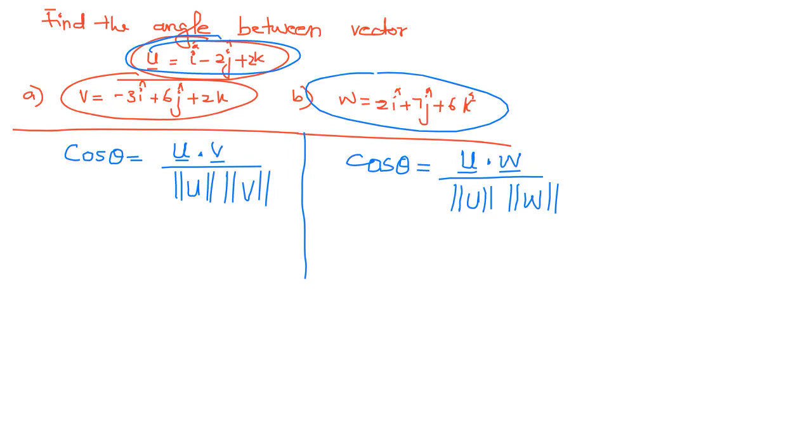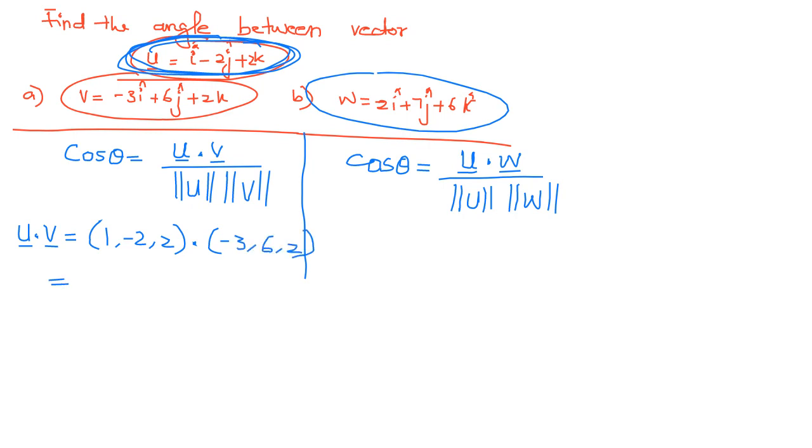Dot product is very easy. How can you find the dot product? Just write it in component form, which is 1, minus 2, and 2 dot product with minus 3, 6, and 2.